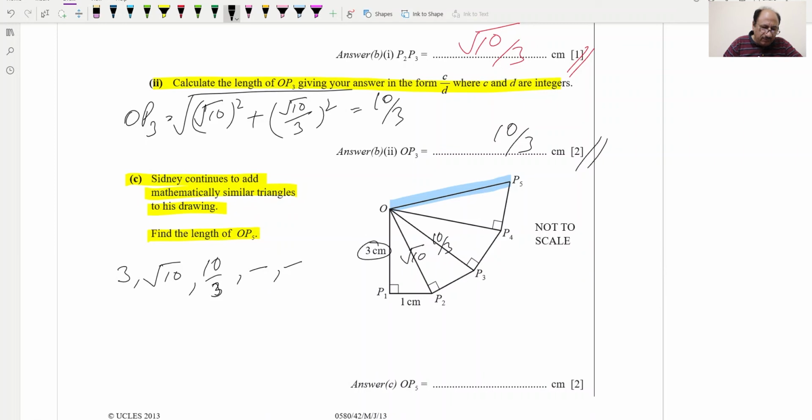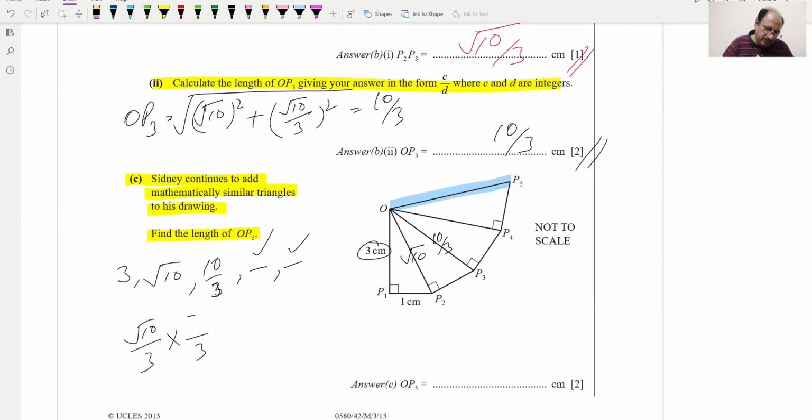So basically we are multiplying by under root 10 over 3 to get the next term. So we will multiply this by under root 10 over 3 to get the fourth term, but we require the fifth term. So once again we will multiply.